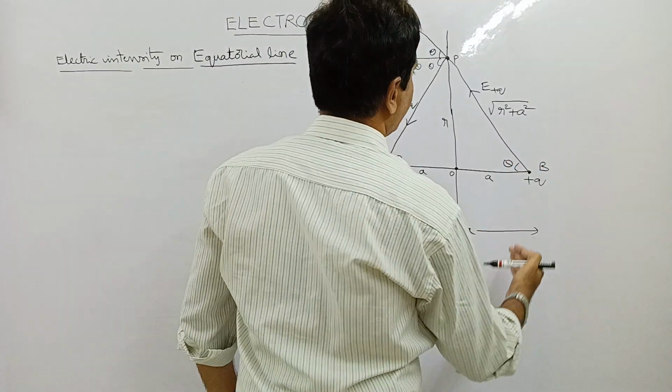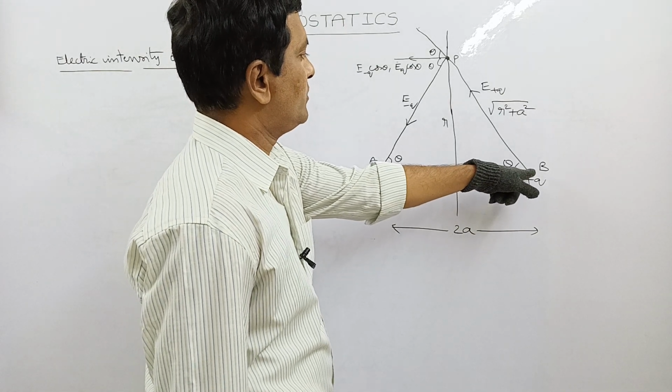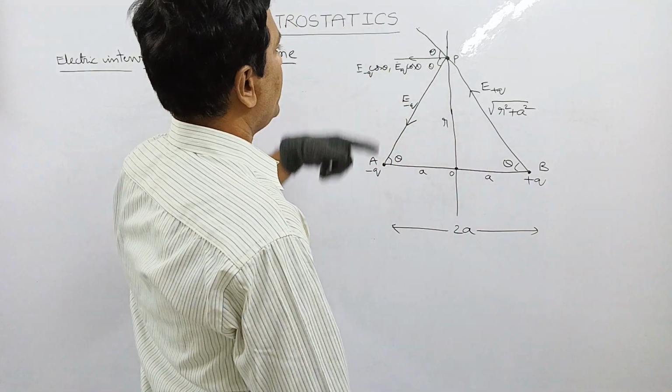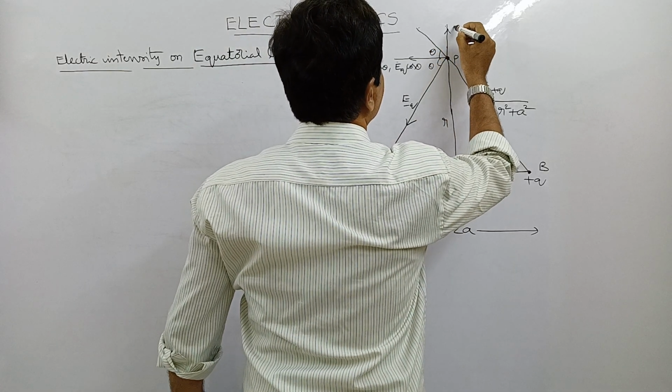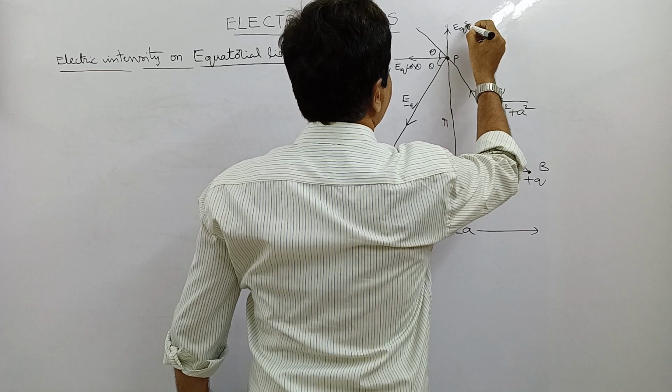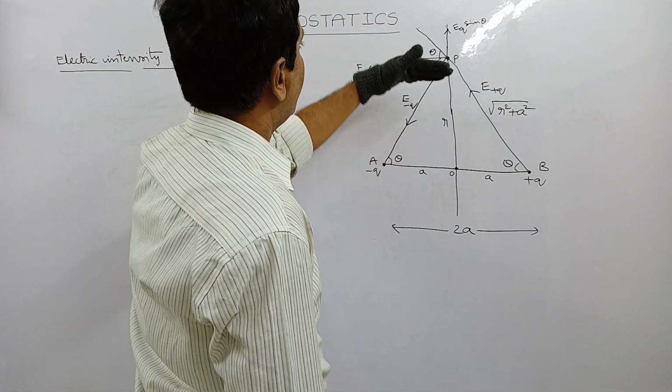Taking two components of the electric field due to the positive charge in the direction of BP, this is E plus Q sin theta and E plus Q cos theta.